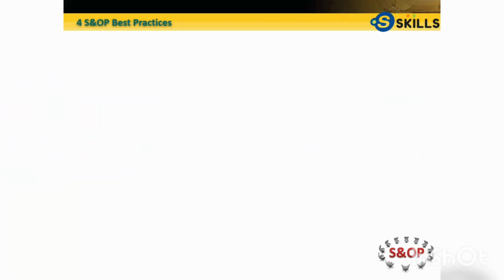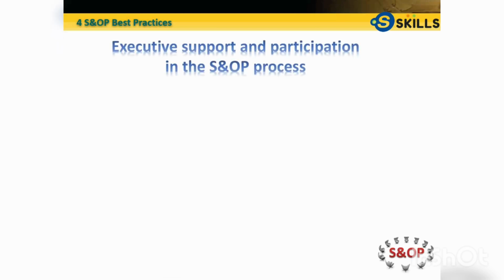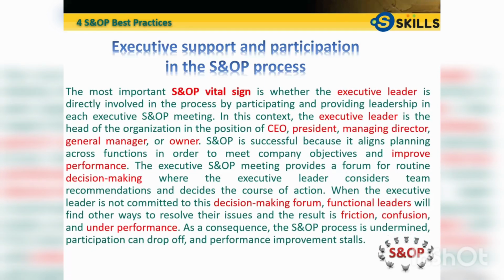4. S&OP best practices. Executive support and participation in the S&OP process. The most important S&OP vital sign is whether the executive leader is directly involved in the process by participating and providing leadership in each executive S&OP meeting. In this context, the executive leader is the head of the organization in the position of CEO, President, Managing Director, General Manager, or Owner.